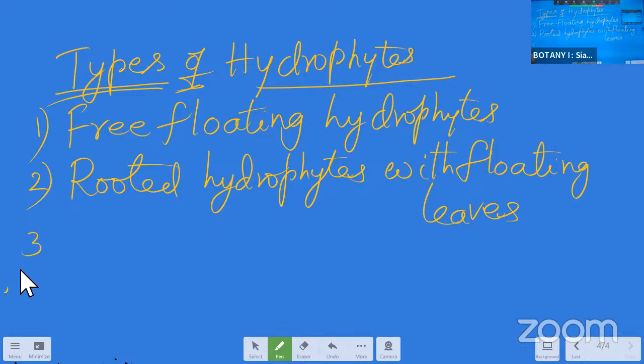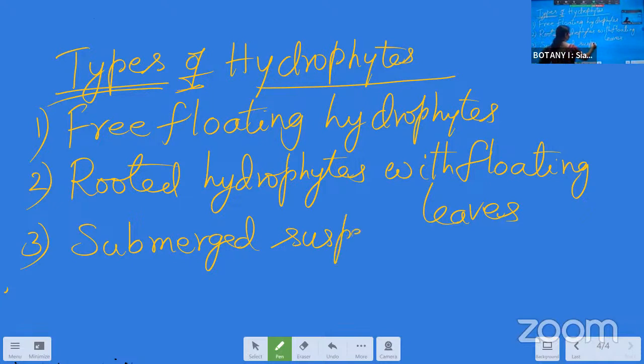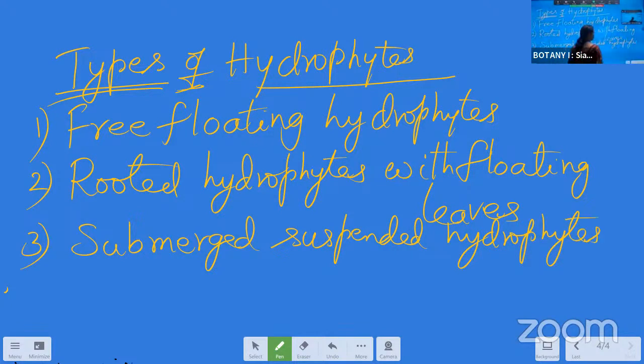Now comes the third one, submerged suspended hydrophytes. And the fourth one is submerged rooted hydrophytes.